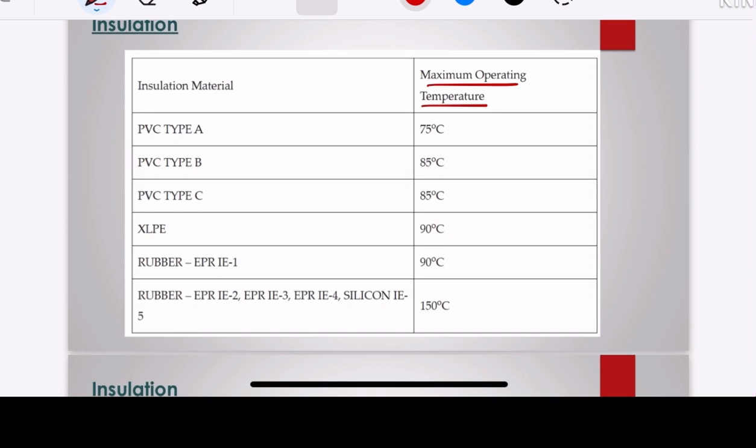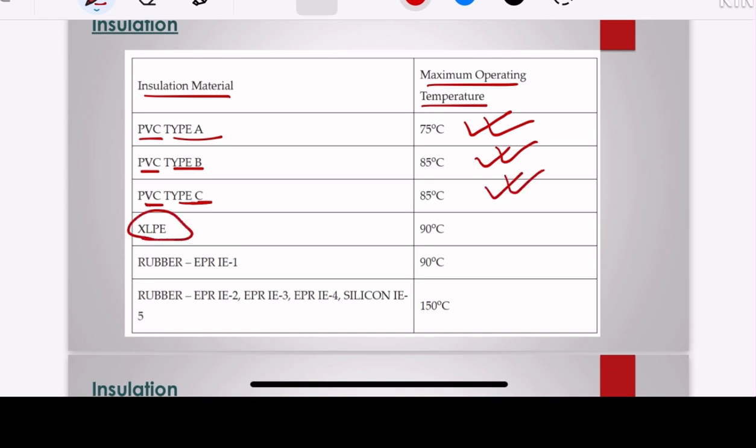For example, if a cable insulation is made up of PVC type A, then we can use that cable till 75 degrees Celsius. When the insulation on the cable is PVC type B, then we can go till 85 degrees Celsius. When a conductor has insulation PVC type C, then we can go for 85 degrees Celsius.